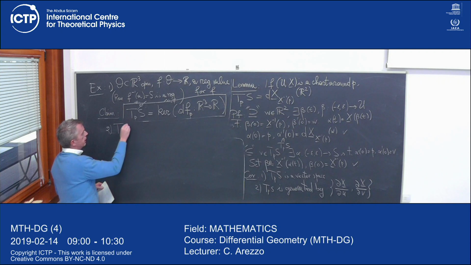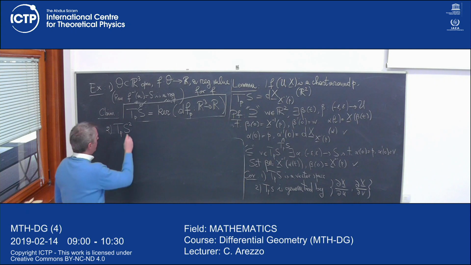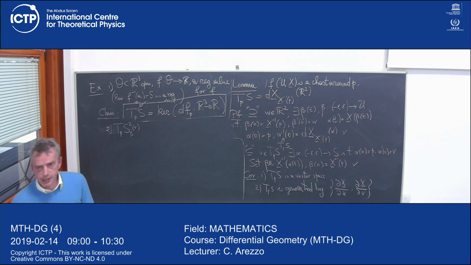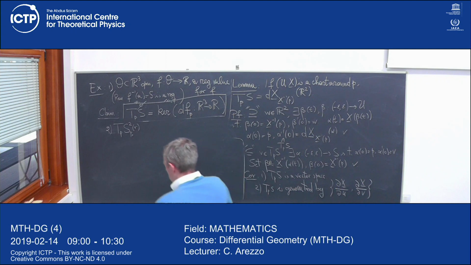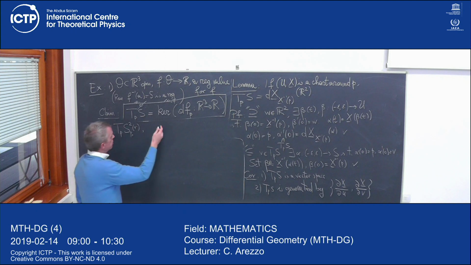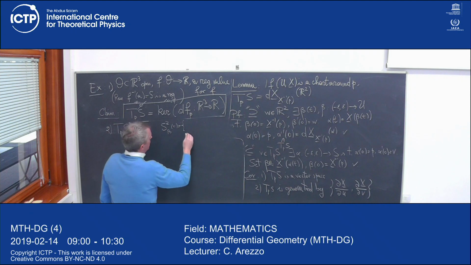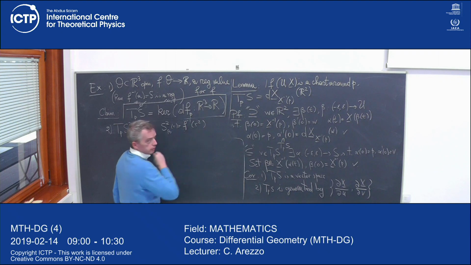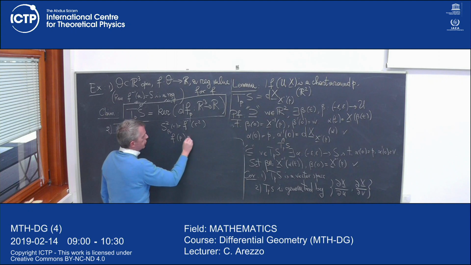So let's compute the tangent space to S2. Actually, I think now we can be general: the two-sphere of center P0 and radius R. Okay? Why does this fall into this category? Because S2(P0, R) is F inverse of R squared, where F of P is which function?